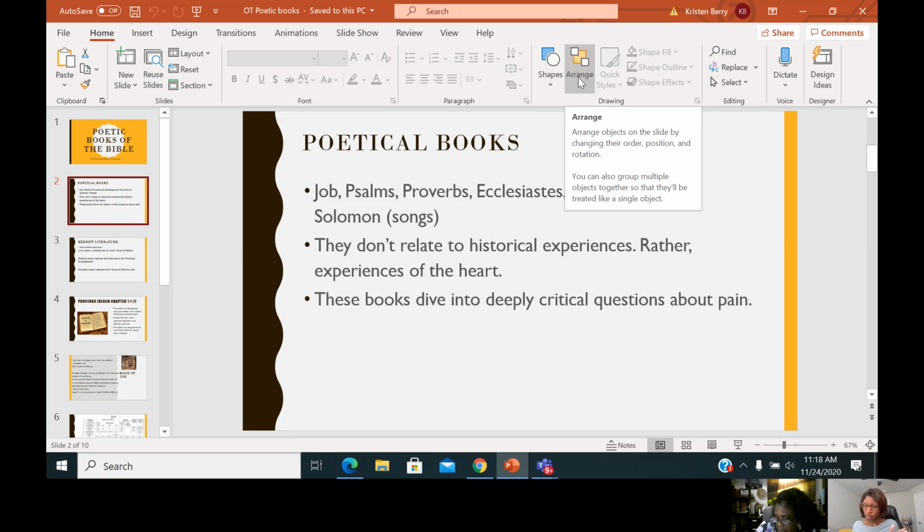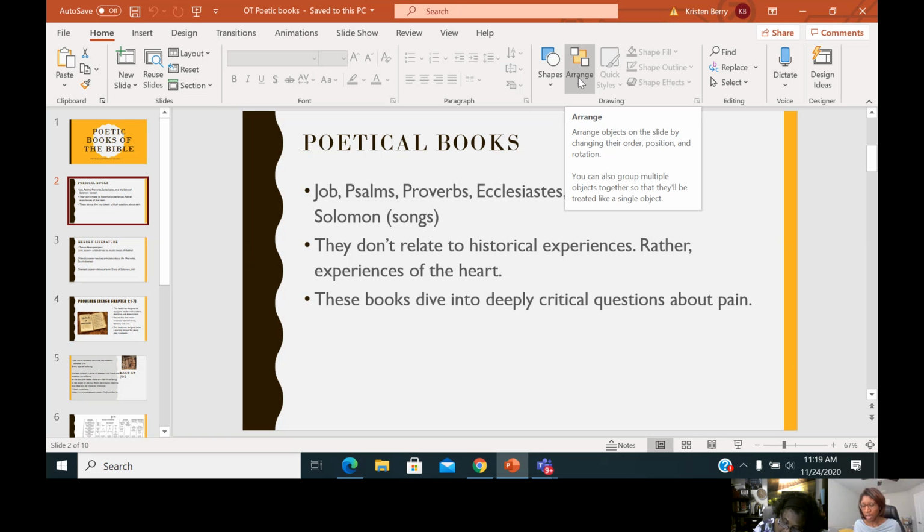Esther is a historical book, and it is the last book, and then you'll come into Job. So what I want you to also see in the Old Testament is that each book has been carefully placed. So they didn't just throw all the books somewhere. All of the books were carefully placed.